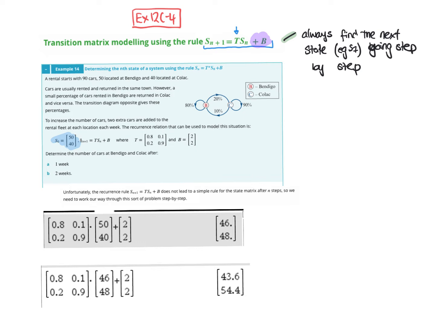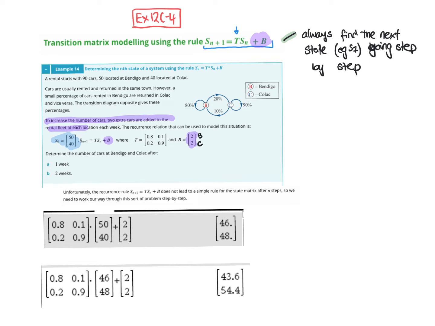So to increase the number of cars, 2 cars are added to the rental fleet at each location. So this is the extra bit B being added, and you can see the matrix B has 2 in the Bendigo spot and 2 in the Colac spot.